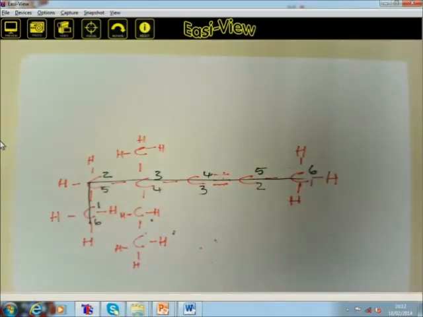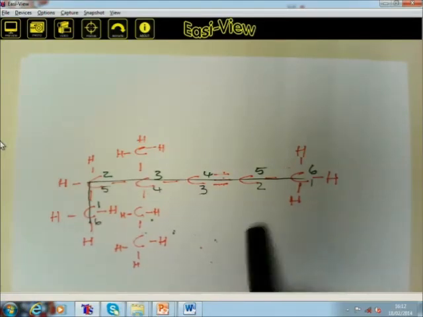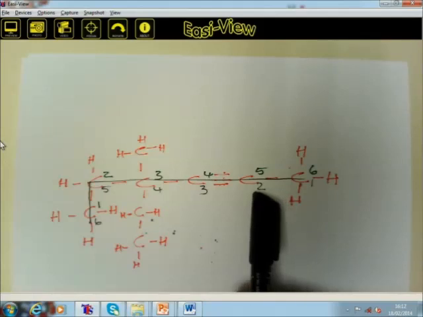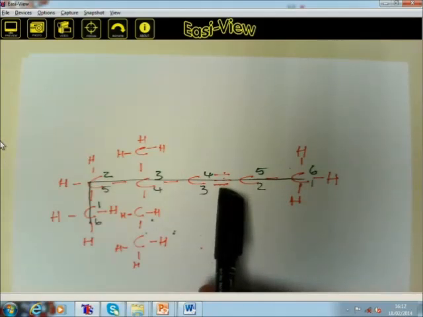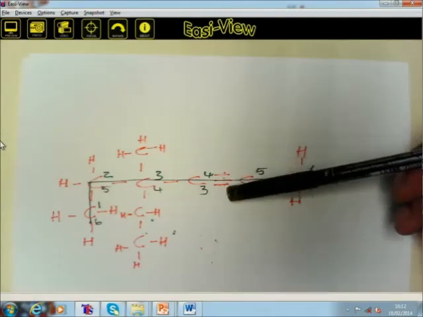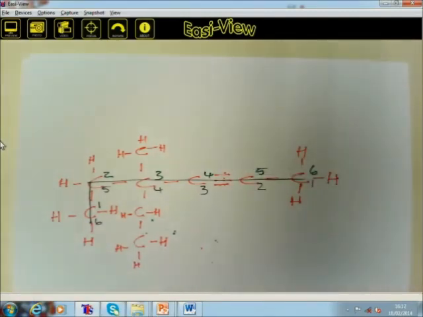So when I check my numbering and where my triple bond is, I check the first numbering, the black numbering, after carbon number 2, I've got a triple bond. And then the other numbering, after carbon number 4, I've got a triple bond. All right. Therefore, the correct numbering that I'm going to choose is the one that gives me the lower number, which is the bottom one, from right to left.